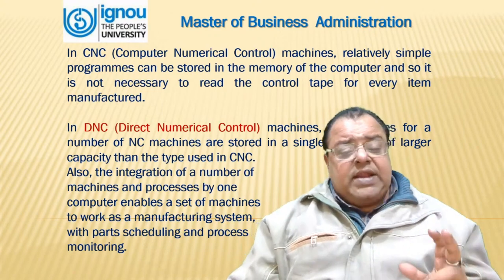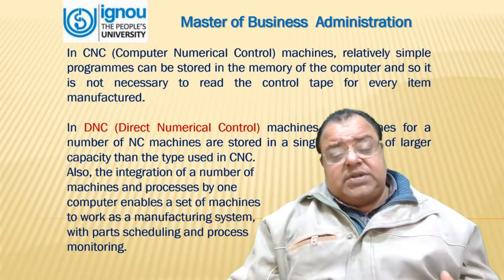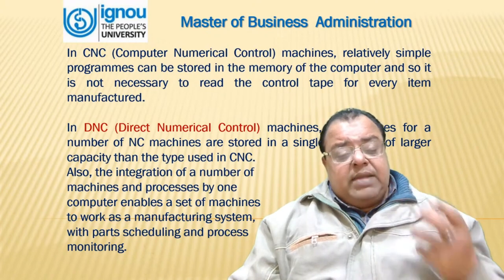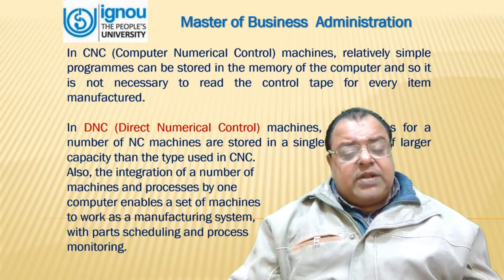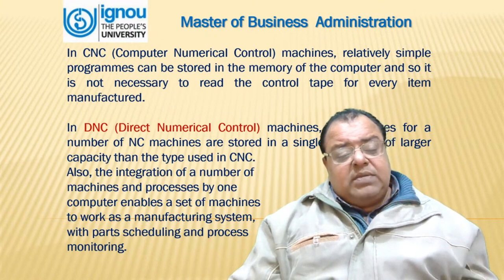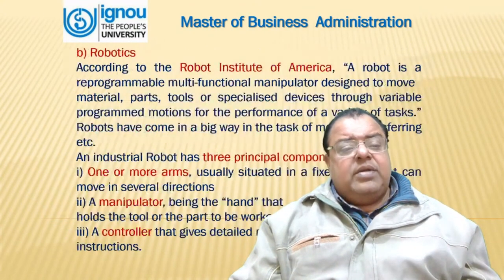Also, the integration of a number of machines and processes by one computer enables a set of machines to work as a manufacturing system with parts scheduling and process monitoring.